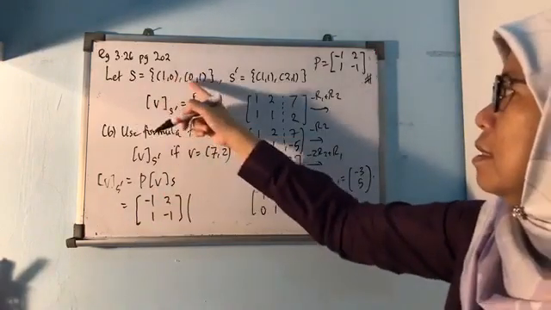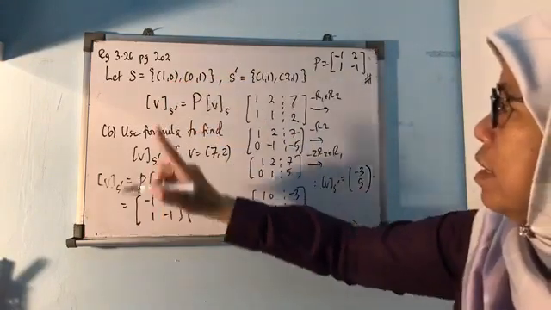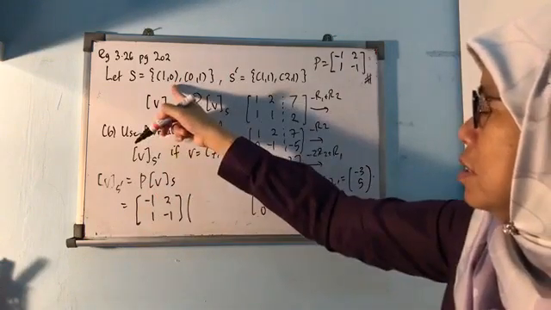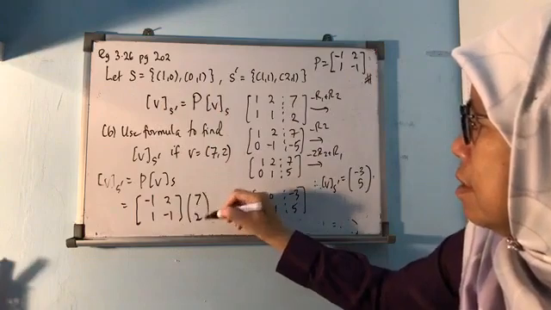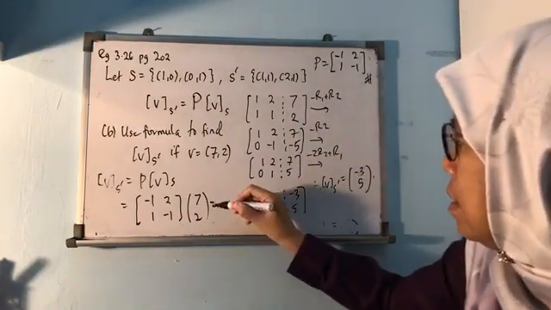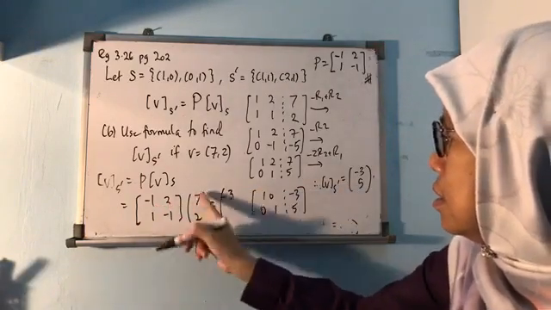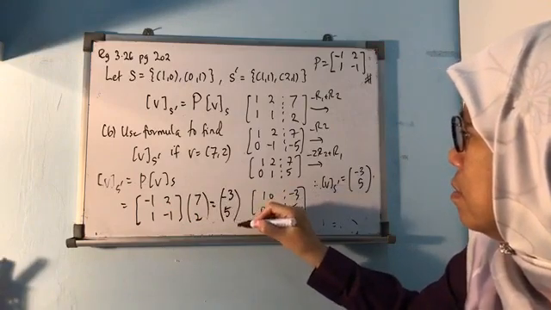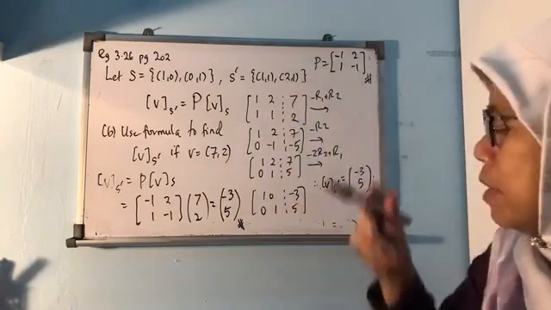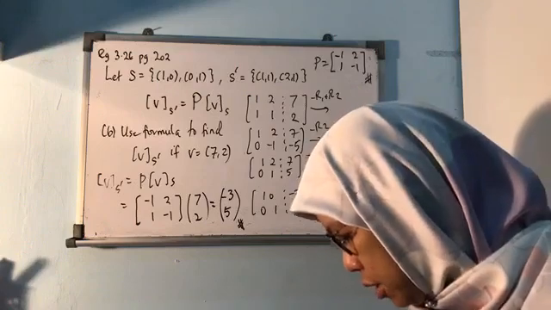S is the standard basis, so V based on the standard basis is just V. So just multiply. Negative 7 plus 4 is negative 3. 7 minus 2 is 5. So this is by using the formula. This is by using the definition. Okay, so that is example 3.26.